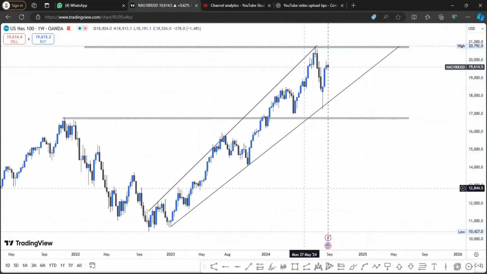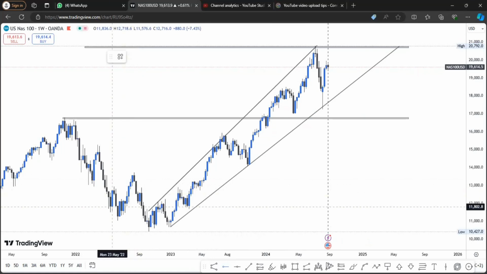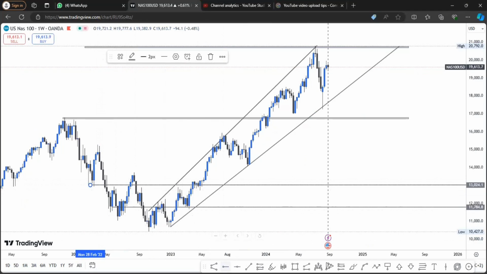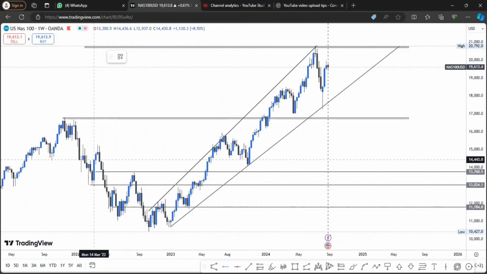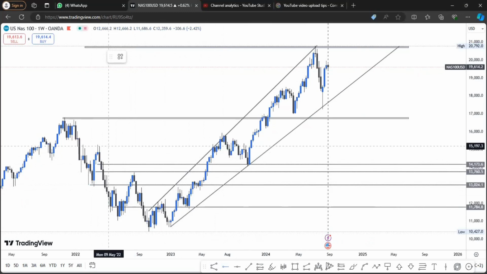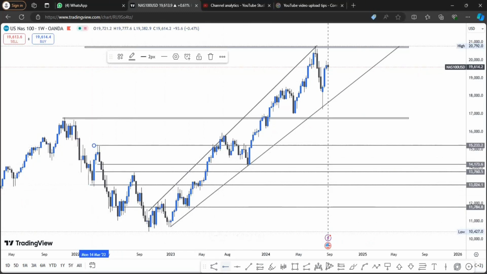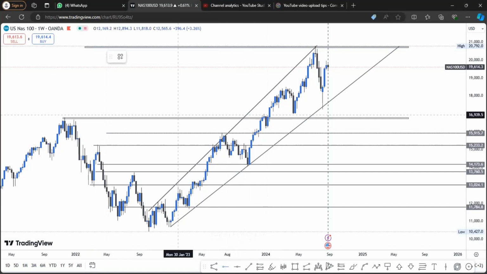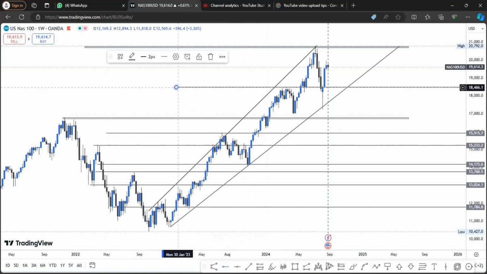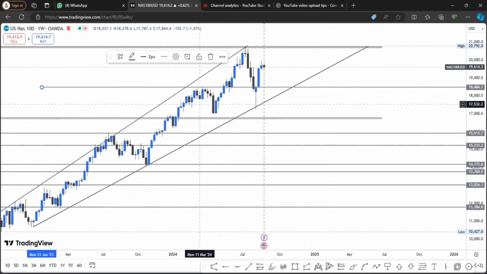So from there, I catch places where the market reverses, which I call zones. So yeah, those are zones here where the market has been rejecting. That's why you put this horizontal red line, so that you can see where the market is actually reversing.